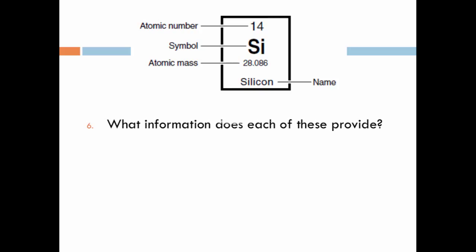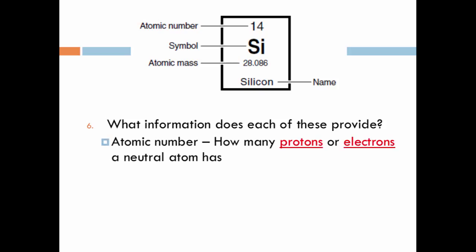All right, so let's talk about an atomic symbol. What information does each of these provide? Well, it actually gives you a bunch of information. And the first one is the atomic number. On the periodic table, the very first number that you see, for example, for silicon right here, this 14, is called the atomic number.